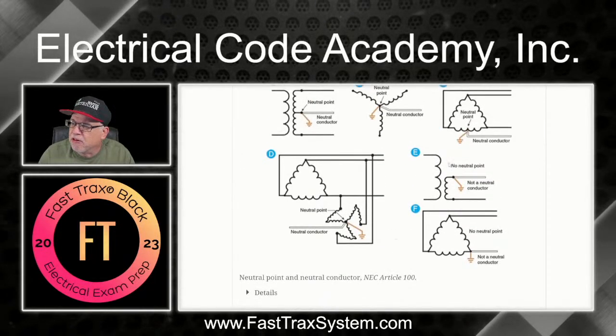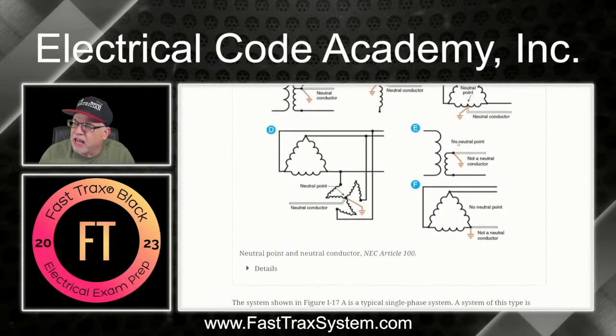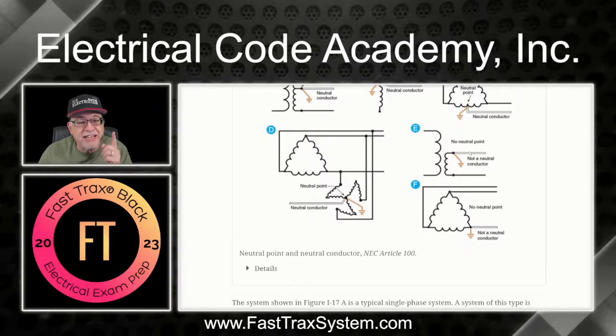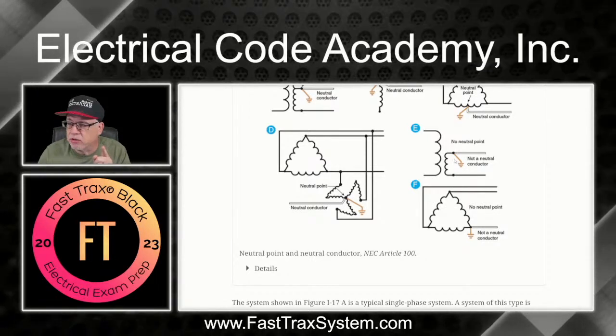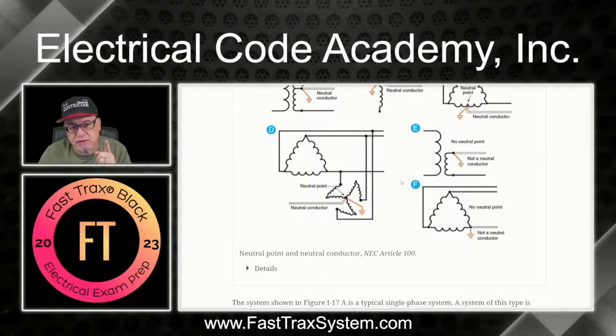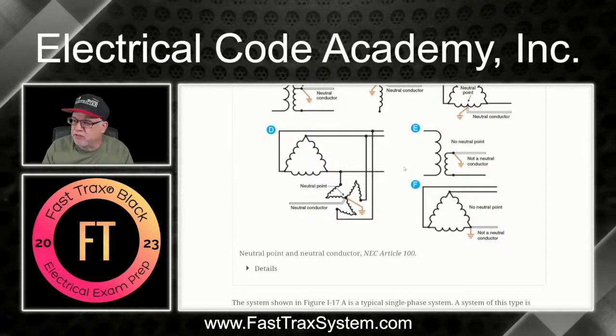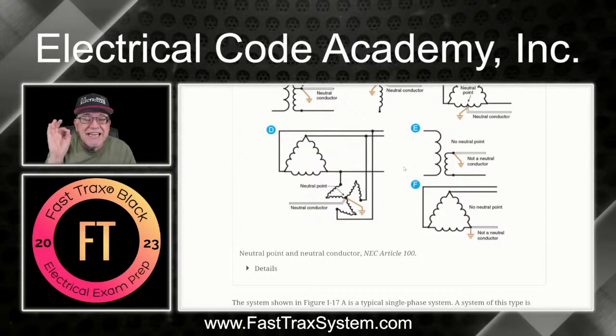But if you look at E, you see this is not a neutral point. So this is not considered a neutral conductor. It is connected to Earth, so it is a grounded conductor, but it is not a neutral conductor. So this is an example where all of these are grounded conductors, but not all of them are a neutral conductor. That's so important when you're looking through the code and you see a reference to neutral conductor.